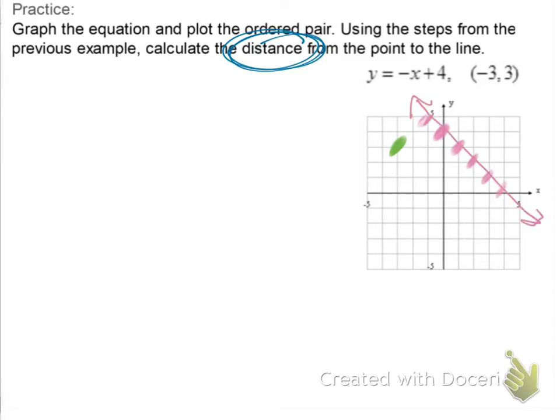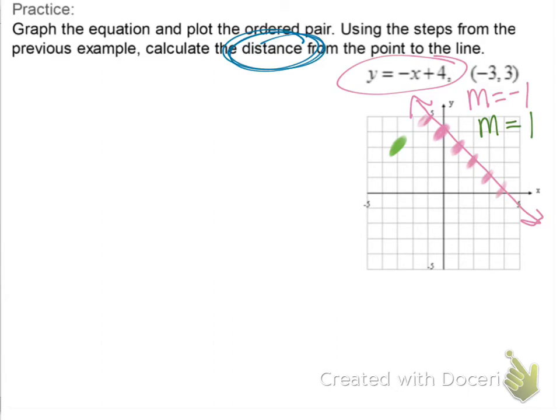So what you would want to do, because remember, if it's asking for the distance, we need a perpendicular line to draw in. Okay? And so I want to look at the slope of this line they gave me. My slope here was -1. And so what would be the opposite reciprocal of -1? It would be +1.